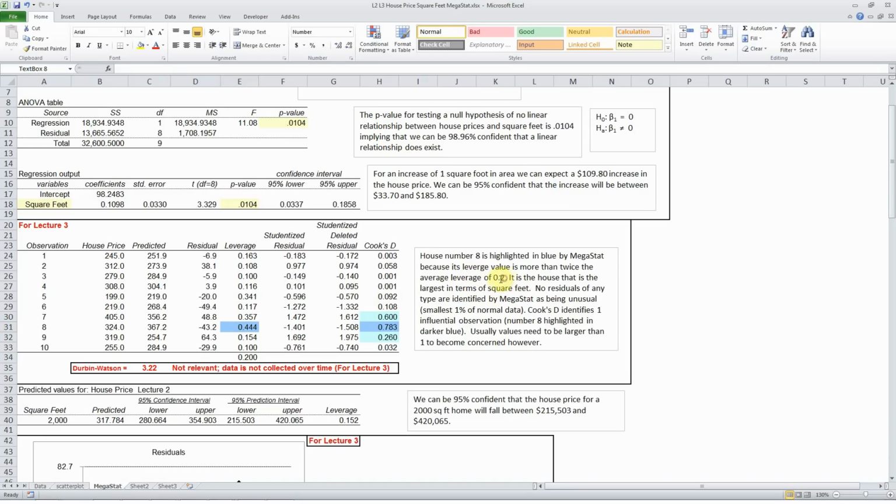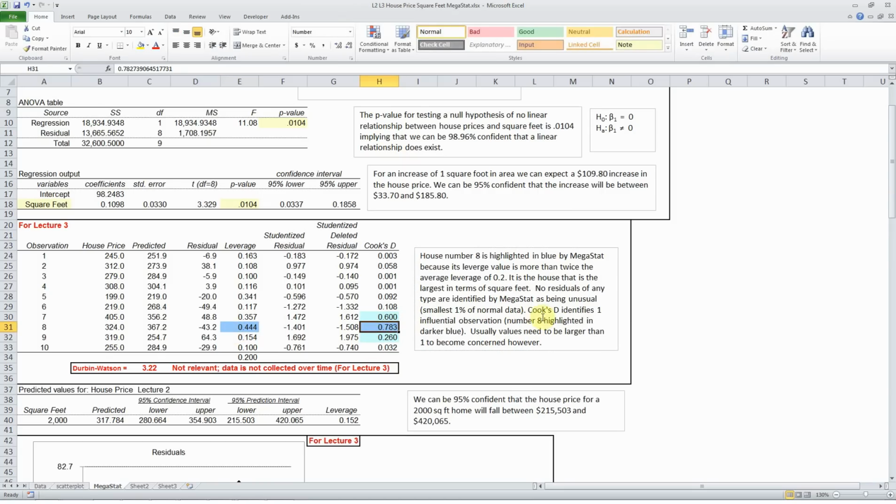The average value of 0.2 is what we normally get, but we get something that's more than twice that. So that's unusual. It seems to have an undue influence on this. So that's a high influencer.